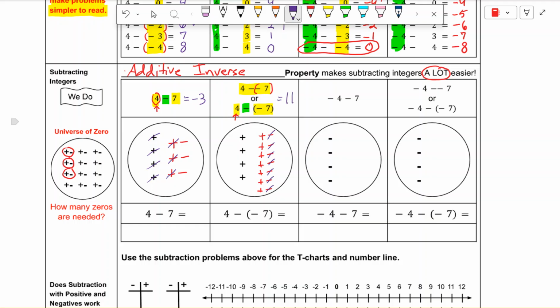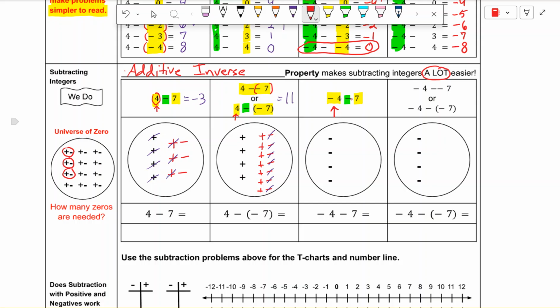All right, this next one, we're starting off with -4, and inside the circle you can see 4 negatives. And then it says to take away 7 positives, and you see that there are no positive signs in there. And you already know from the last 2 examples that we do not want to change the value of -4, so we have to insert zeros from the universe of 0. How many zeros do we need?